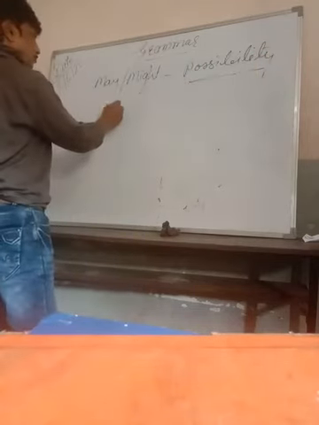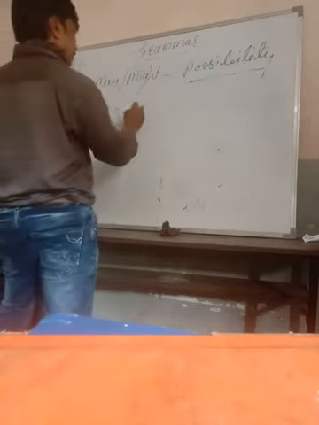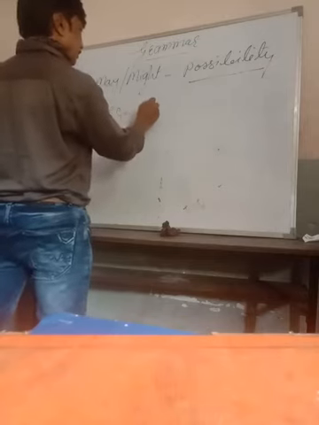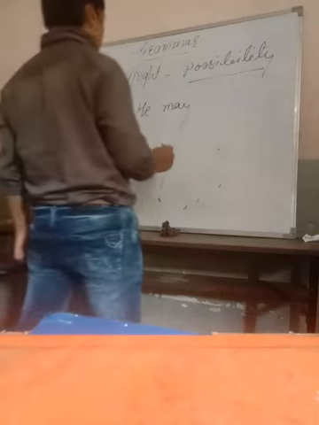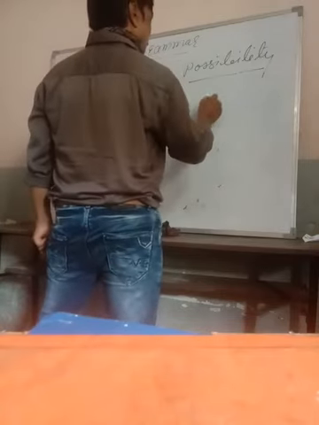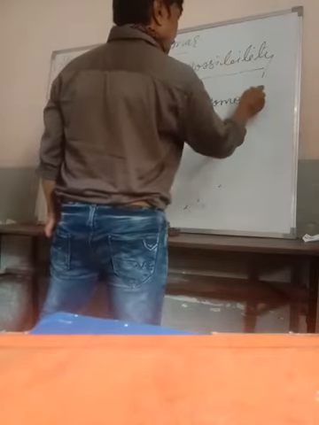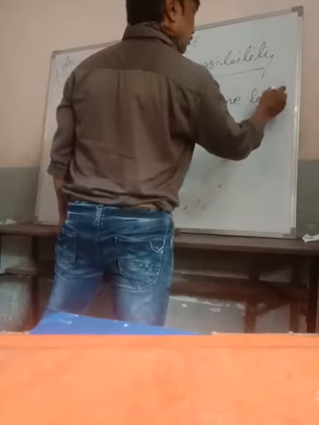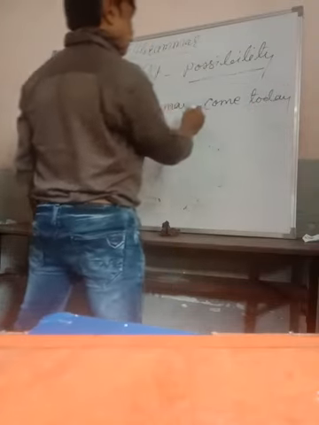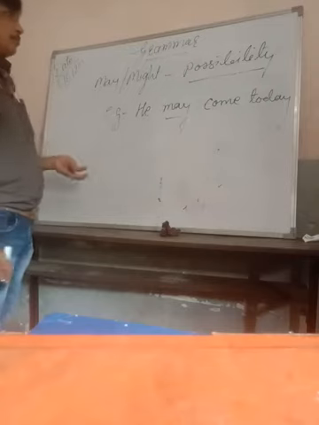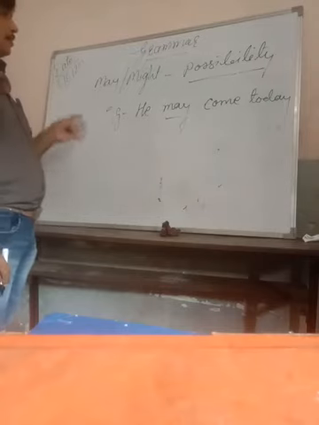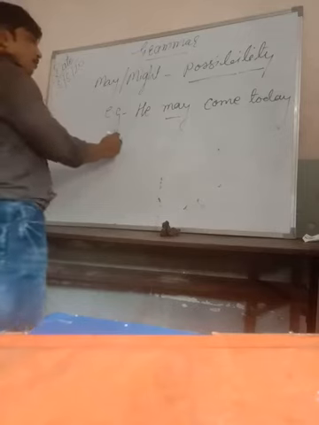For example, he may come today. There is a possibility now here. Actually not certain, but possible that he may come today.